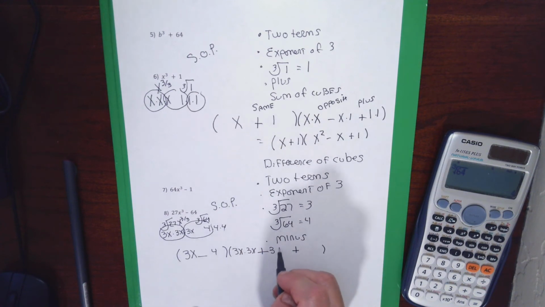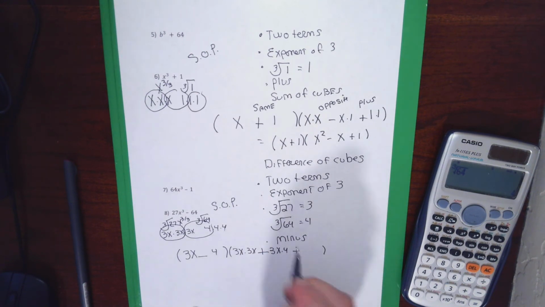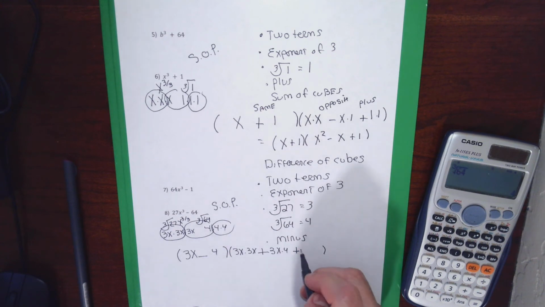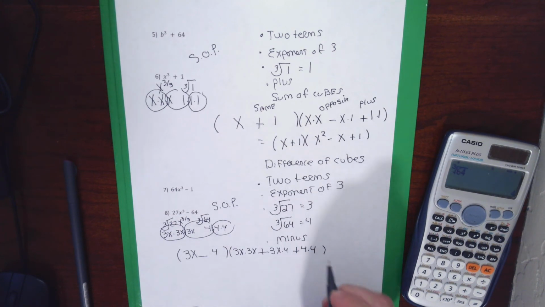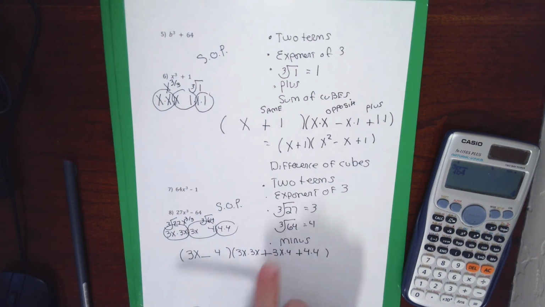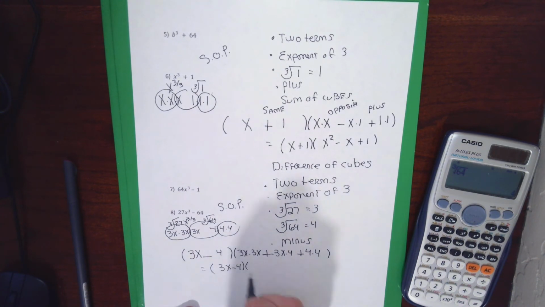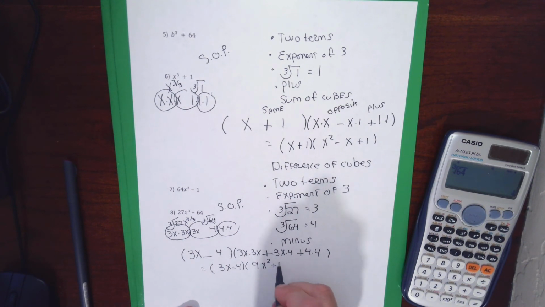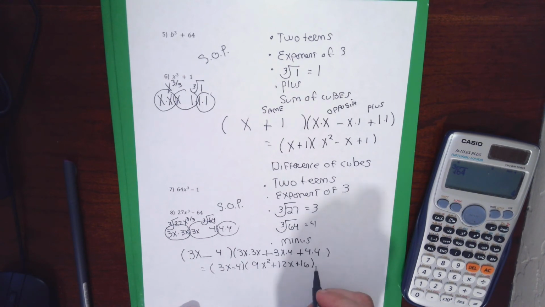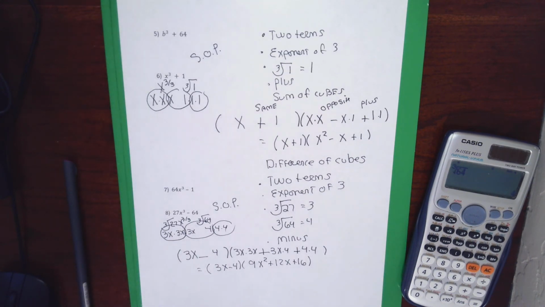My second pair is 3x times 4. My last pair is 4 times 4. This step I usually don't show. Usually when I'm factoring cubes, I just go straight to the answer rather than showing the intermediate step that has the multiplying in the second parentheses left to be done. That would be a good answer for number 8.